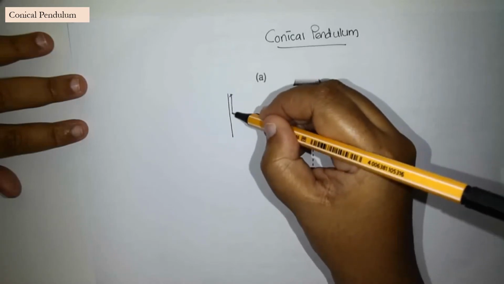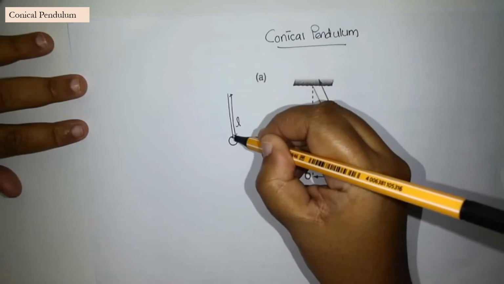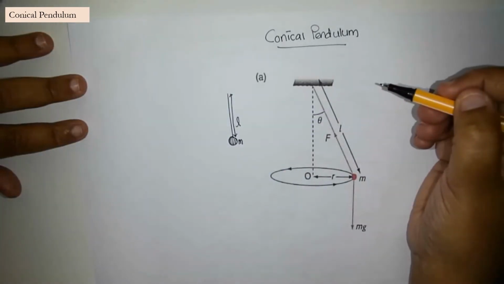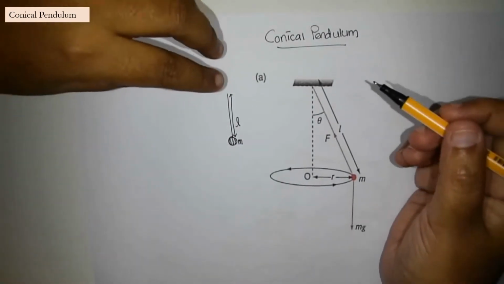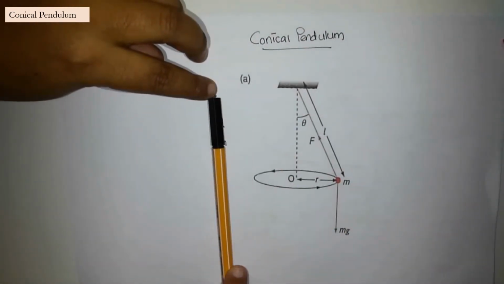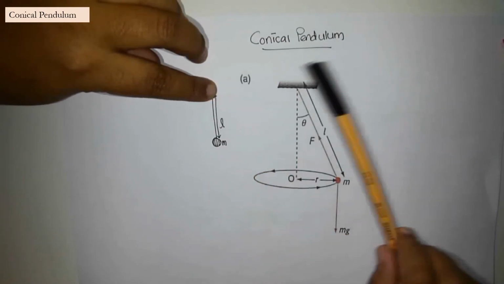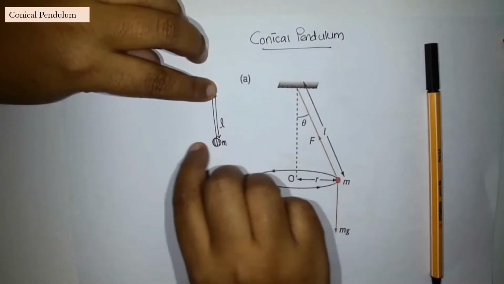Okay, we have a string of length L, fixed to a bob of mass M. At the end of the string, with an angle of theta, we make the bob move in a circular motion.